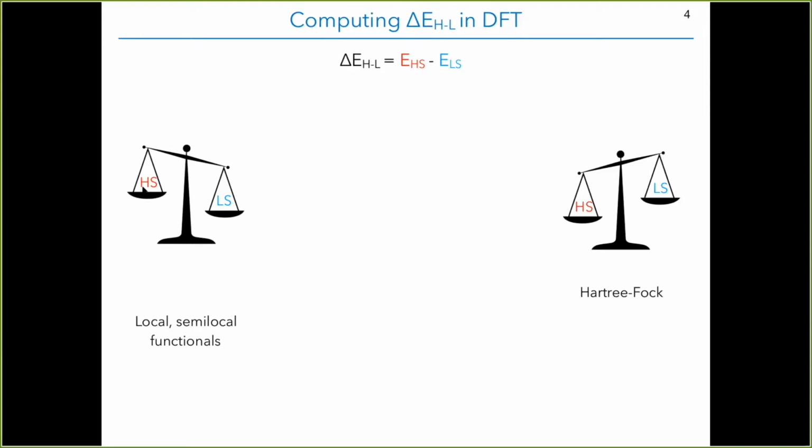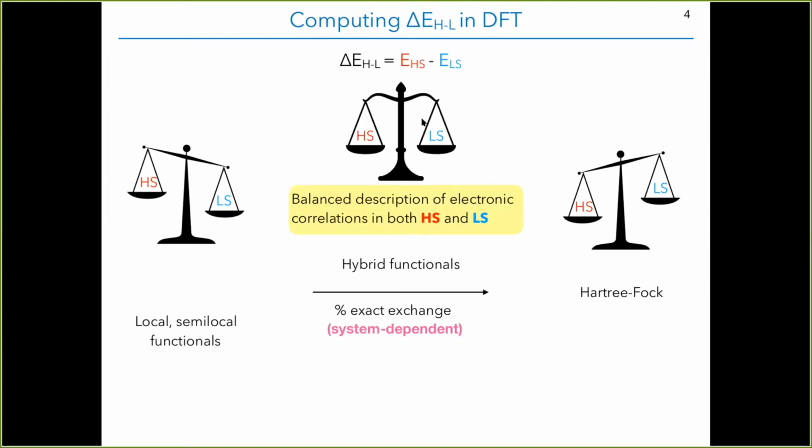A more correct description of spin energetics can be obtained by means of hybrid functionals, introducing a certain amount of exact exchange according to the system under investigation. In fact, the amount of exact exchange needed to achieve a good description of the energetics depends on the ligand field of the complex under investigation.